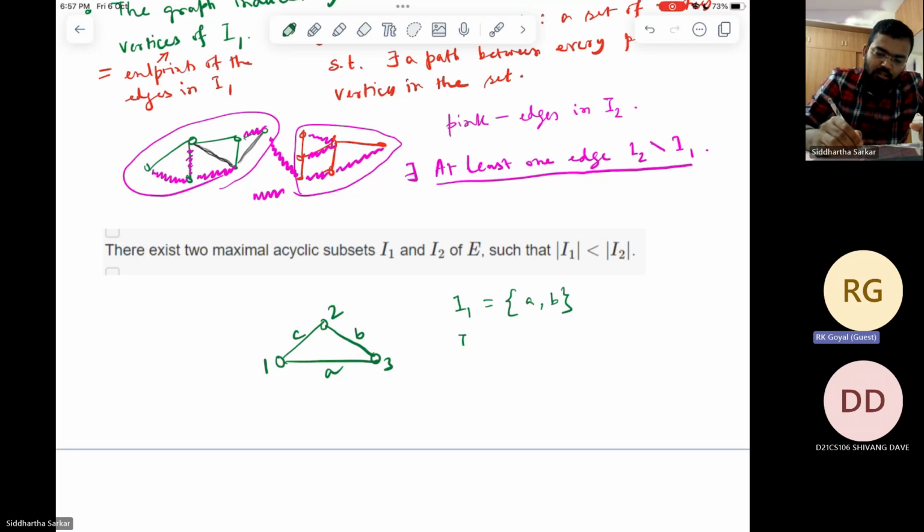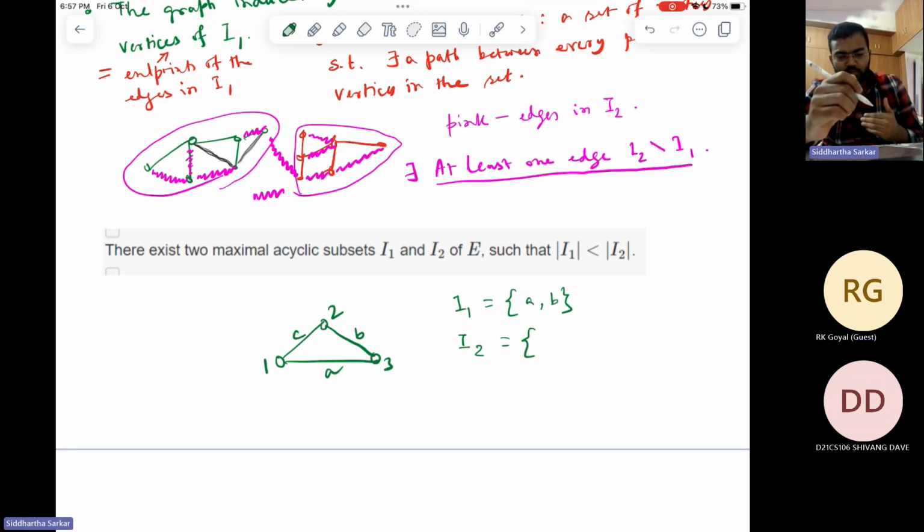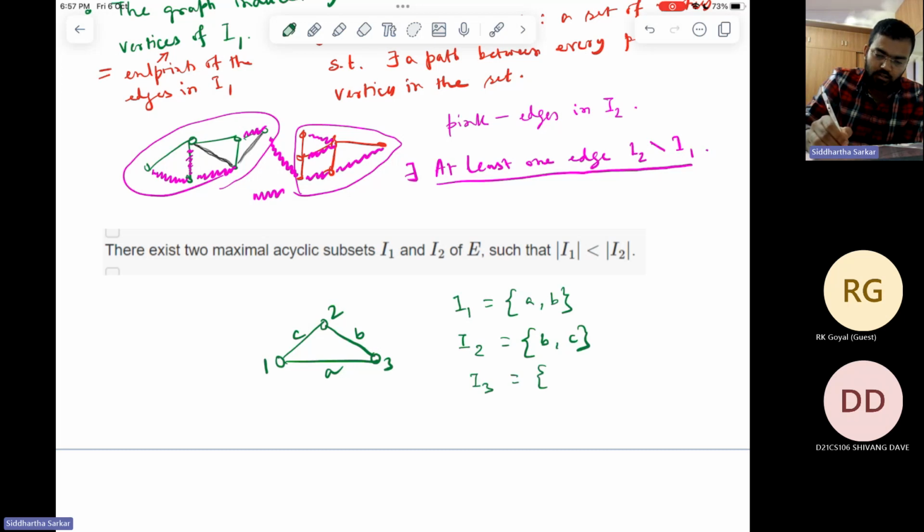If I add C, no, I cannot. You want a subset of edges which is maximal acyclic, meaning even if you add one more edge, a cycle will be formed. So with A and B, you cannot add C because a cycle will be formed. So BC is also a maximal acyclic subset, and CA is also a maximal acyclic subset. But the point to note is that all these subsets are of equal size.